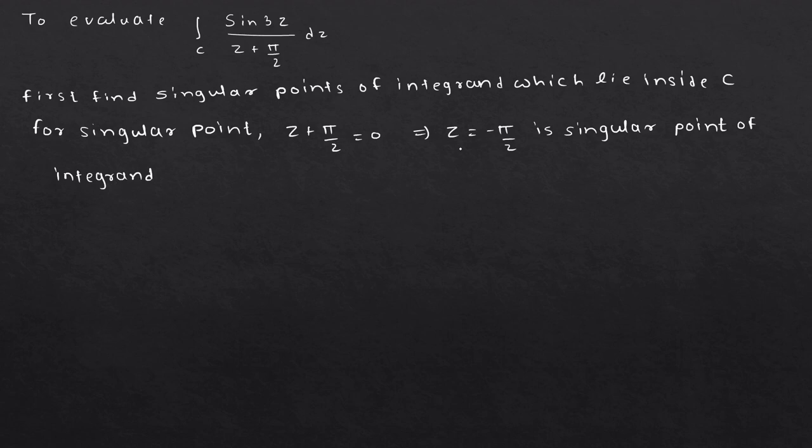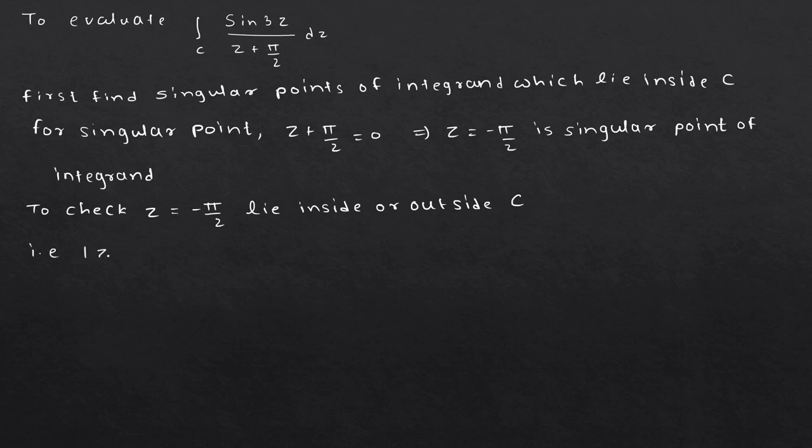Now, let us check whether z equals minus pi by 2 lies inside C or outside C. Now we know how to check that. If modulus of z minus z0 is less than r, then z lies inside the circle.